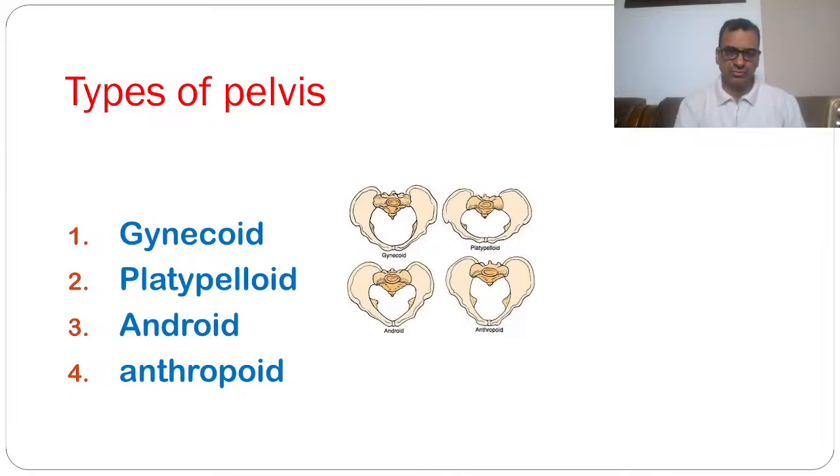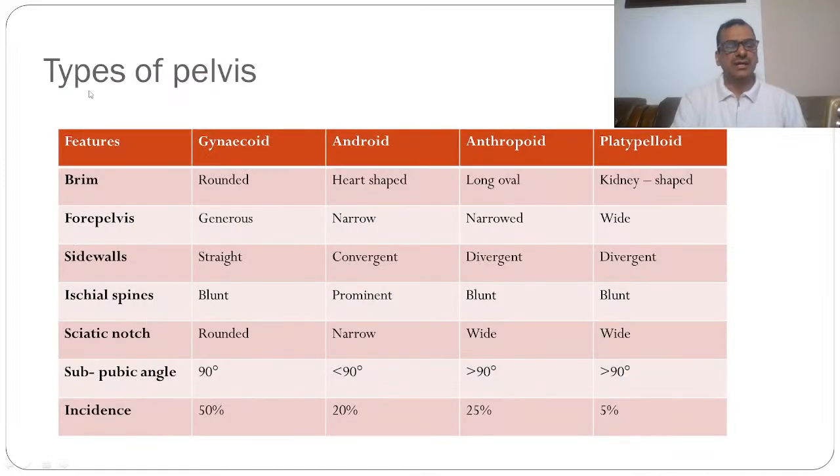So the four types of pelvis are gynecoid, platypoid, android and anthropoid. Okay. When we see the features, in gynecoid the brim is rounded, while in android the brim is heart-shaped, anthropoid long oval, and platypoid kidney-shaped.